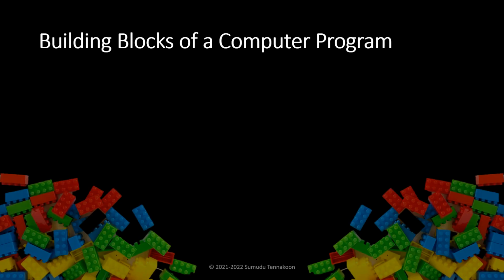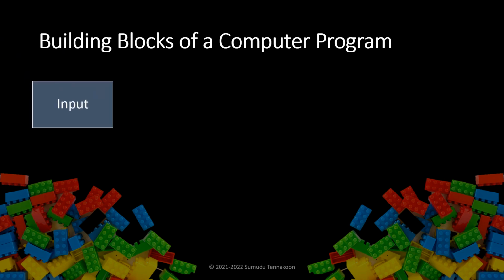What are the building blocks you need to create a computer program? As with a human language, we have sentences, words, structure, grammar, many things to learn in order to communicate with another person, write an essay, write a letter, give some instructions, right? It is the same with a computer program.